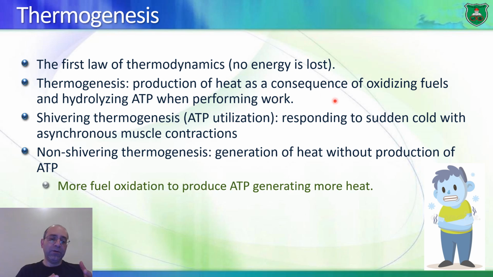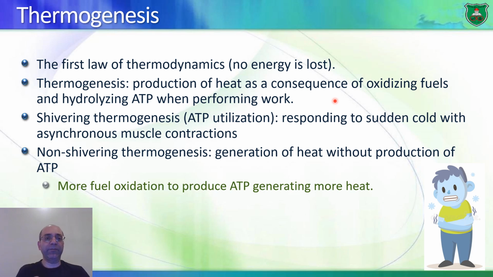So whenever you have oxidation of molecules like glucose, for example, breaking up these large molecules like glycogen, fatty acids, and so on, you have the production of energy. But at the same time, you can have the production of ATP as well. So whenever we feel cold, in the winter, for example, we have this reaction of shivering, right?